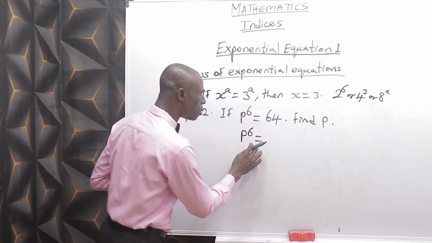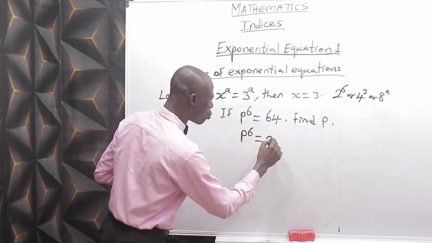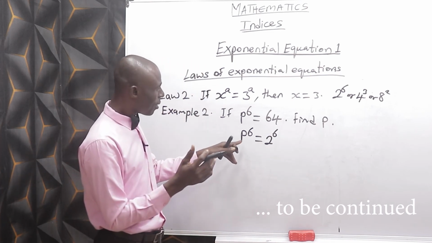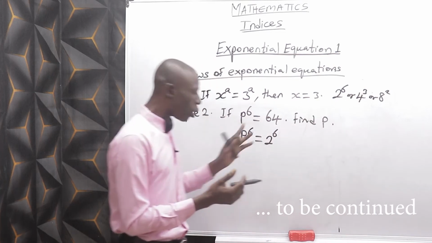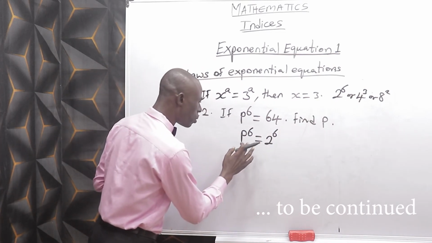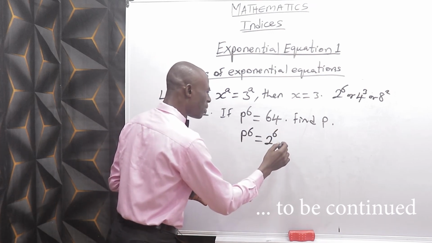So at this level, I use 2 raised to power 6 because I have a target. If I use 4 raised to power 3, it will not suit my target in this case. So I use p raised to power 6 is equal to 2 raised to power 6.